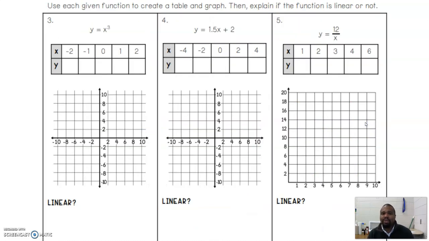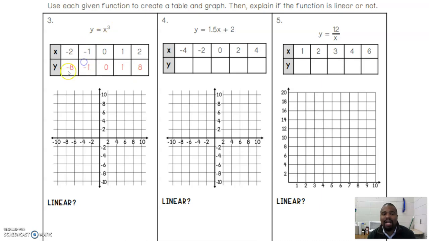Let's take a look at these and explain if these are linear or not. If we substitute each value for x, our table will look like this, because -2 to the third power is -8, -1 to the third power is -1, 0 to the third power is 0, 1 to the third power is 1, and 2 to the third power is 8.